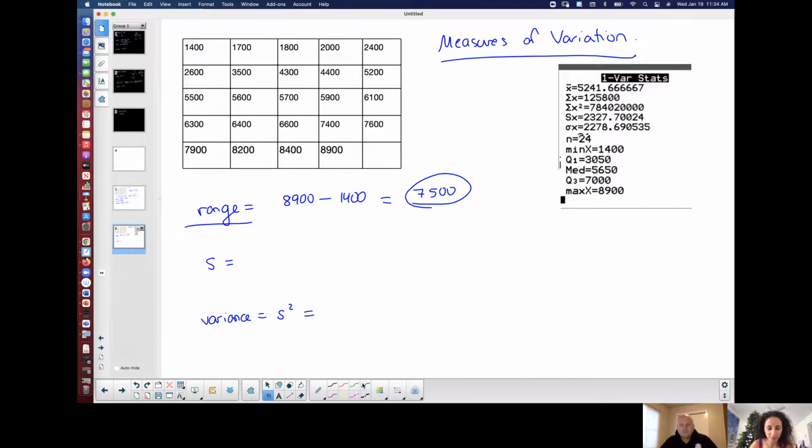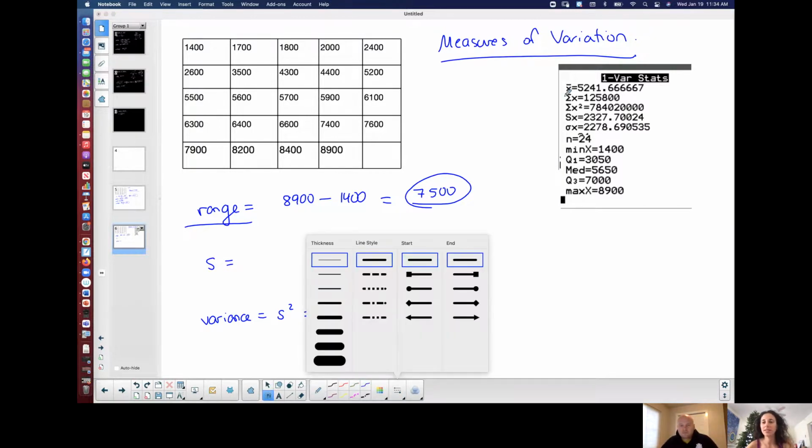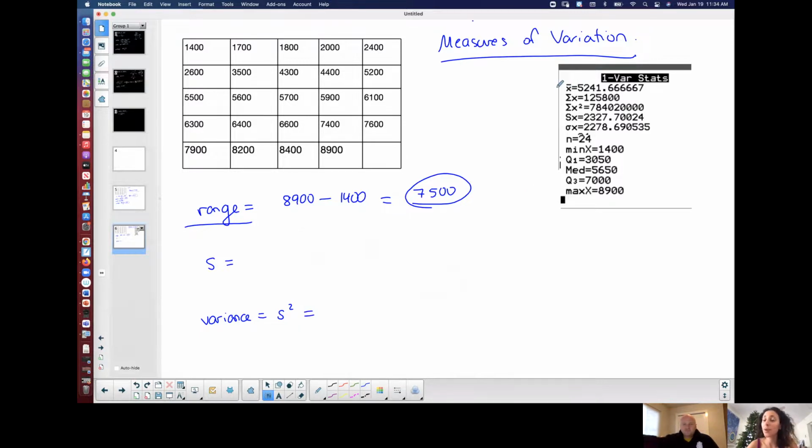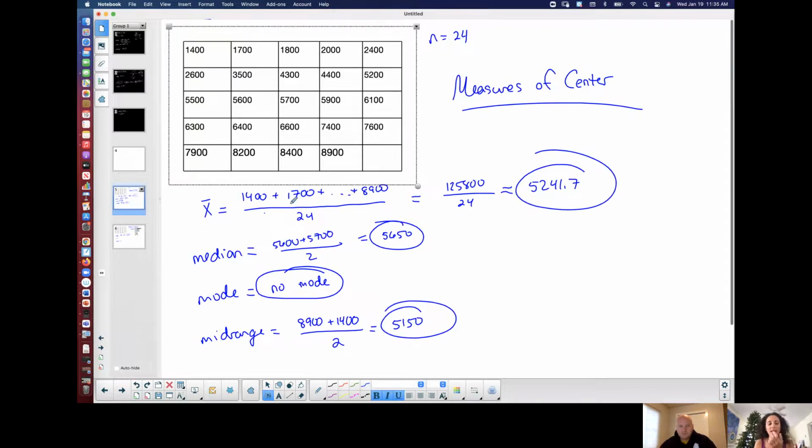So check it out. What's the first thing that it gives me? X bar, which is my sample mean. It gives me my sample mean. If I don't want to type it all out, I could do it this way.